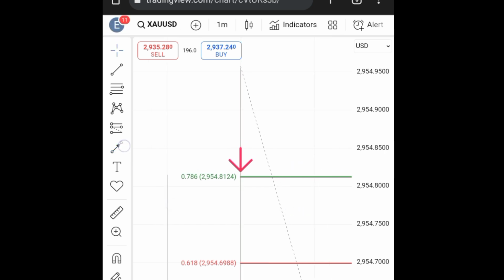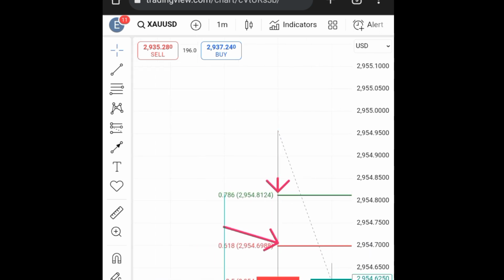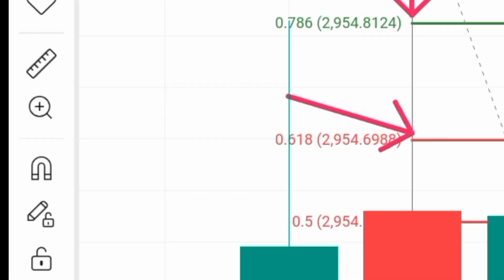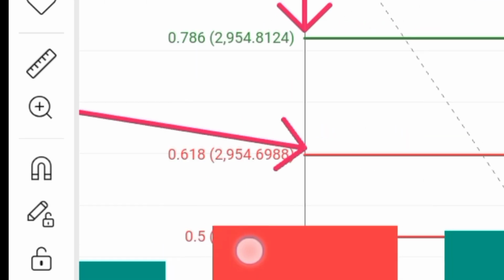And your other focus will be on the 0.618 fib retracement level, which will be your second entry. Anything around or below this 0.5 fib retracement level, you are not going to do anything with it.